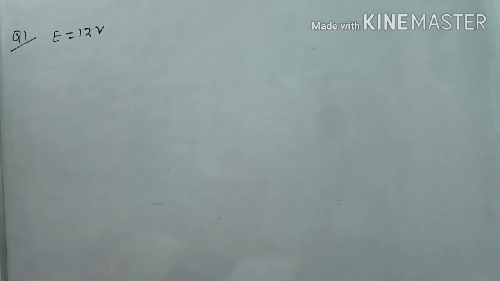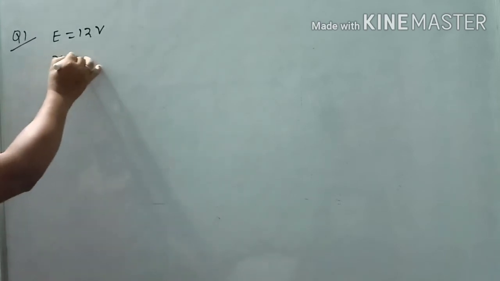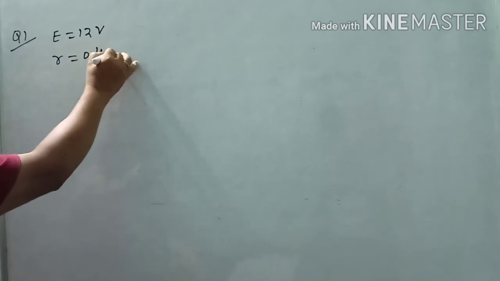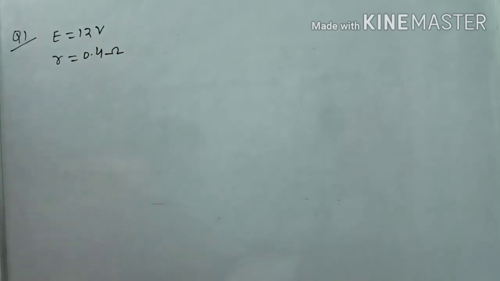So E is equal to 12 volt. If the internal resistance of the battery is 0.4 ohm, internal resistance means R is equal to 0.4 ohm. What is the maximum current that can be drawn from the battery?